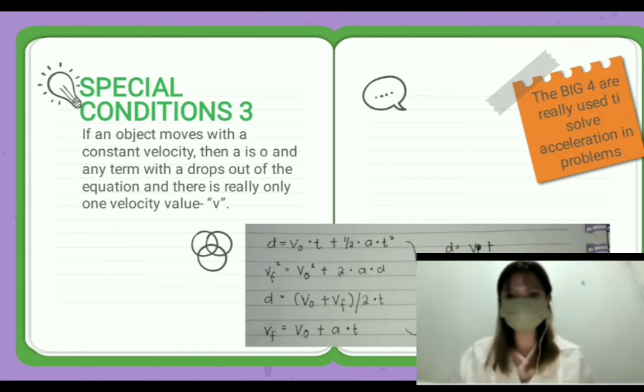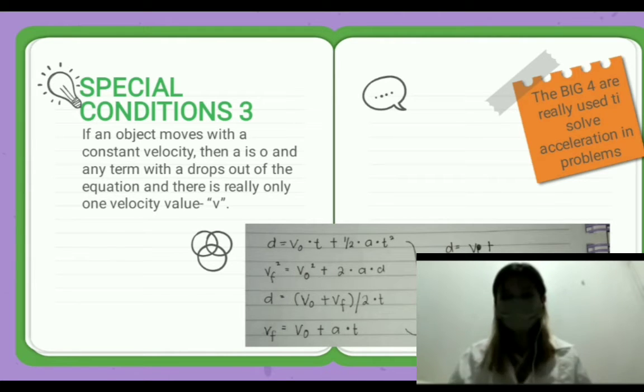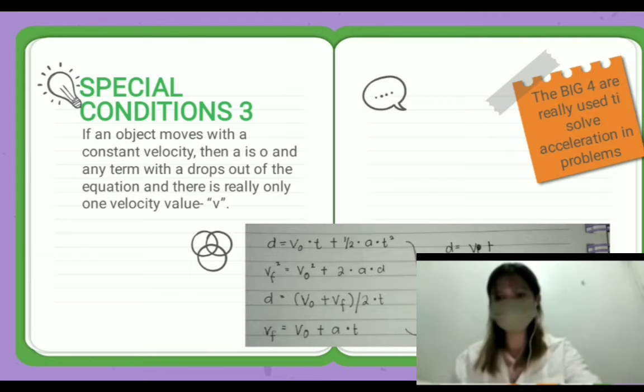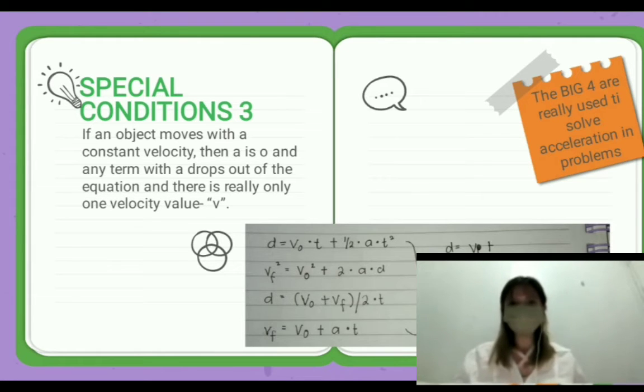A person could make an effort to use these big four kinematic equations in a problem in which the object moves with a constant velocity. In such instances, the acceleration is 0, and any term that has a in it will drop out of the equation.